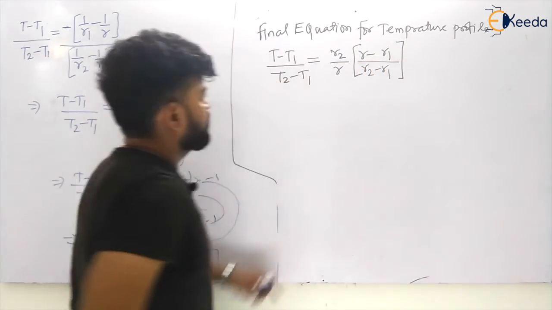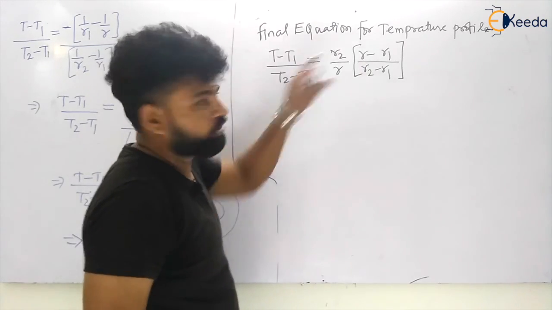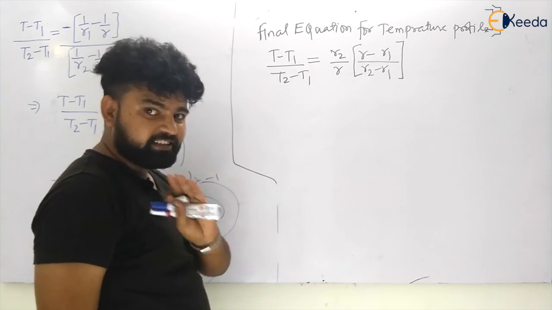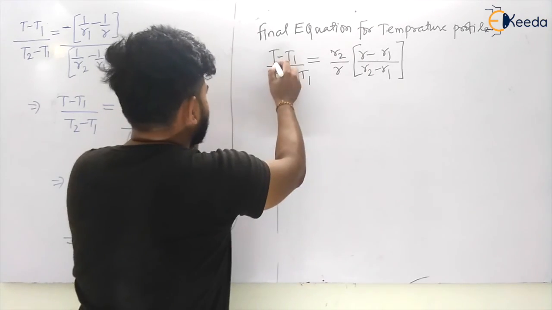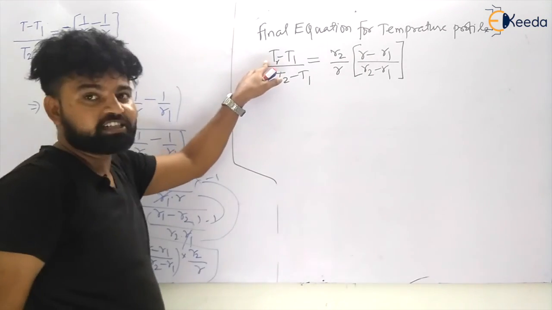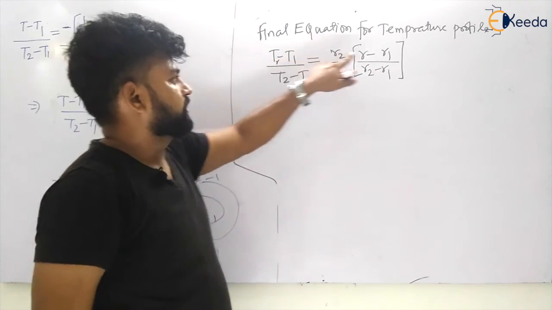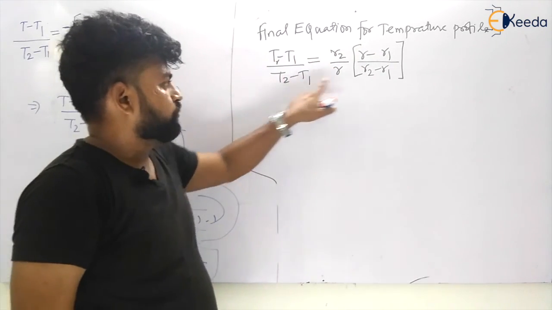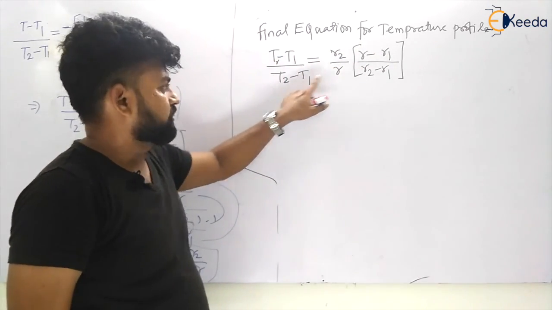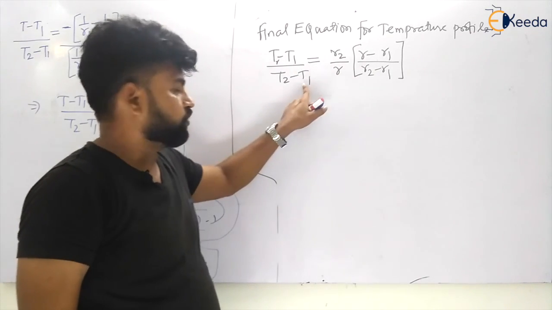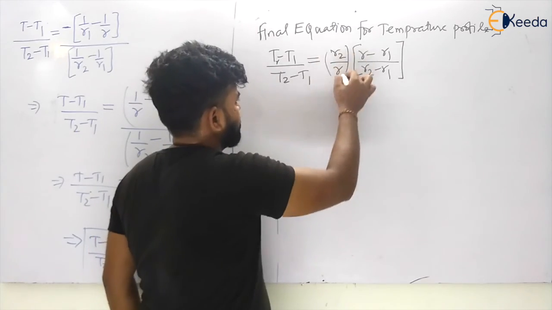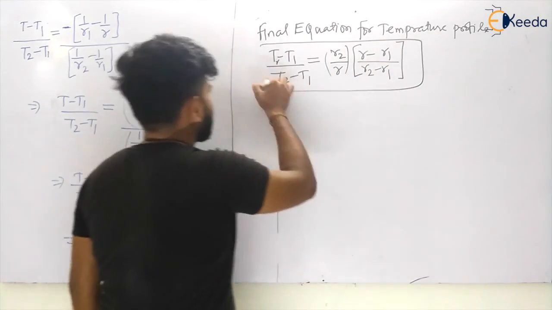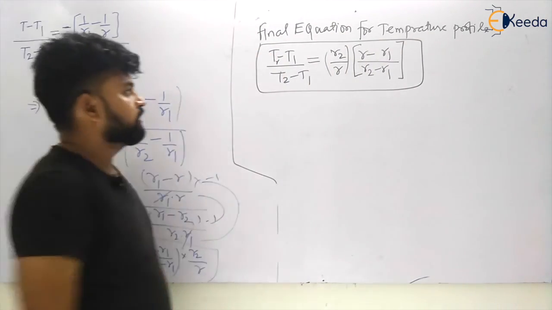It is very simple to remember. T at R, the temperature at radius R minus T1, over T2, the temperature at R2, minus T1, the temperature at R1. So R2 by R is extra here. So this is your final equation for temperature profile.